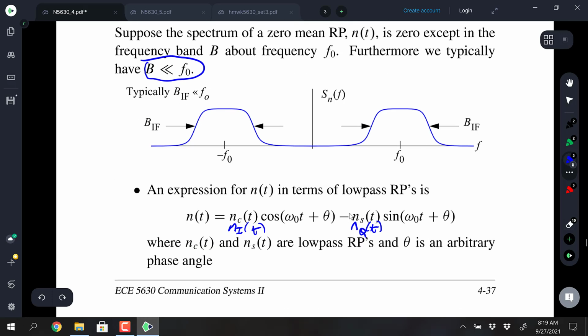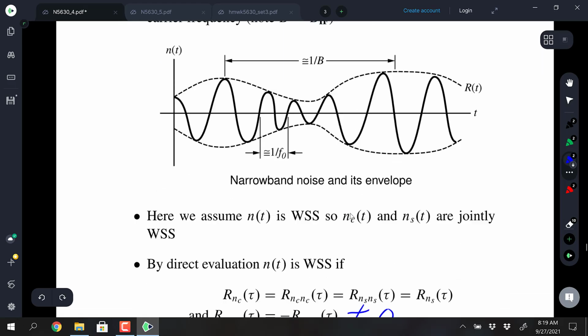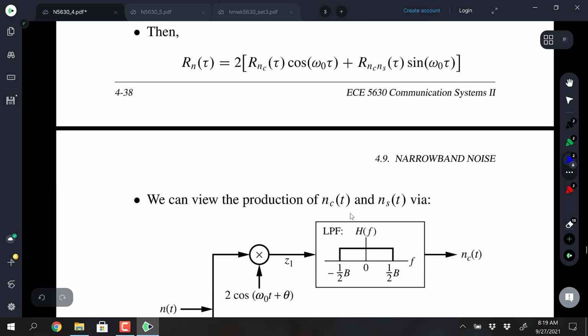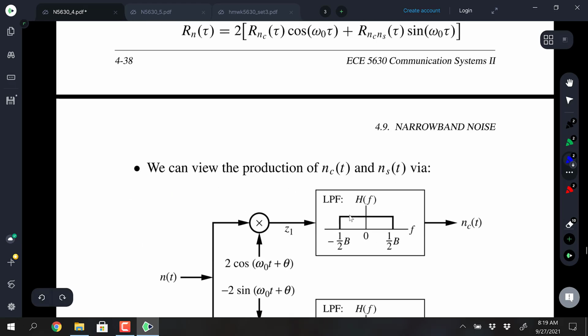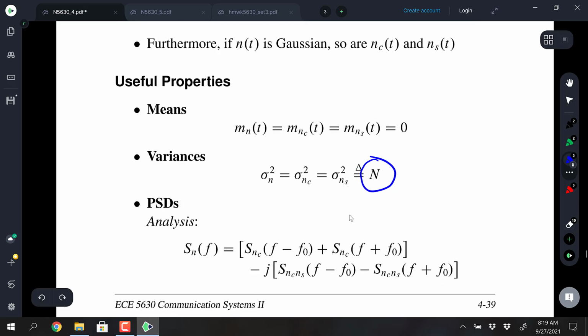I was thinking the spectral density was in here, but I think it is N, or it's N naught over 2. So we'll get back to that again. I always get a little bit confused with the scaling on here.